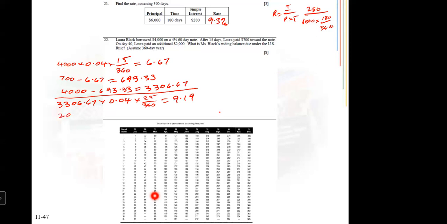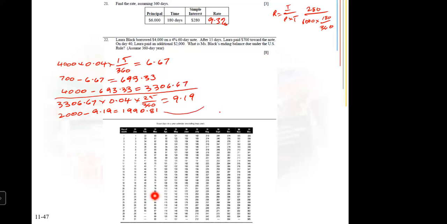So 2,000 minus 9.19 gives you 1,990.81. And this is what you're going to use to reduce the principal.